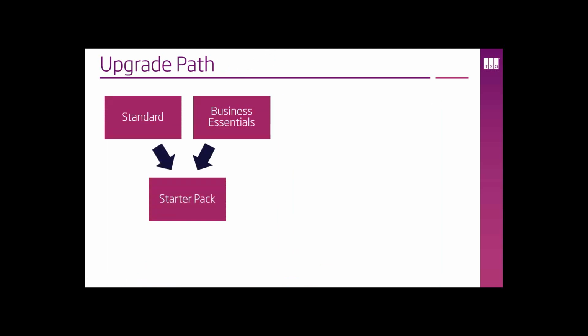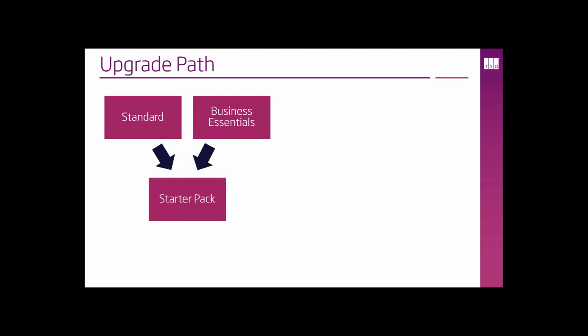So at the moment it is possible that you either have a product called Standard, a product called Business Essentials. Both of those just map to the starter pack. So what you actually get is a starter pack with the same number of users, all the development granules as you actually have at the moment.